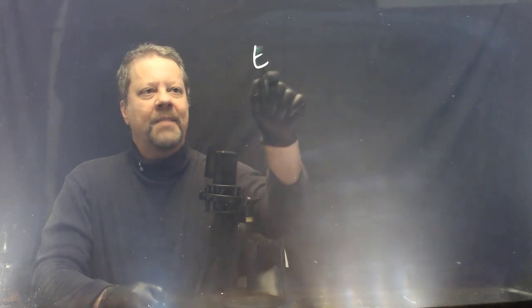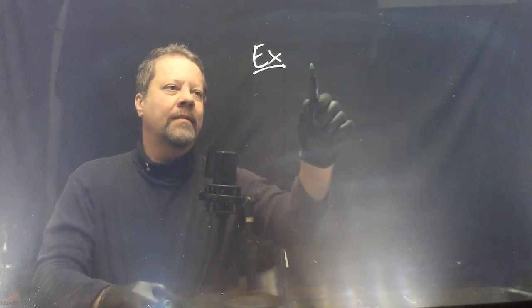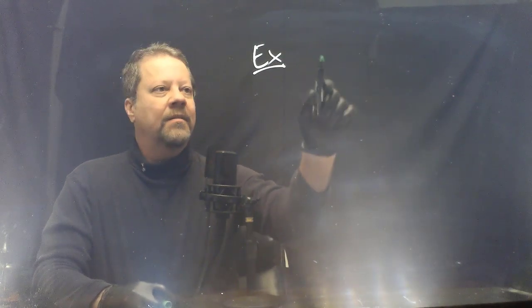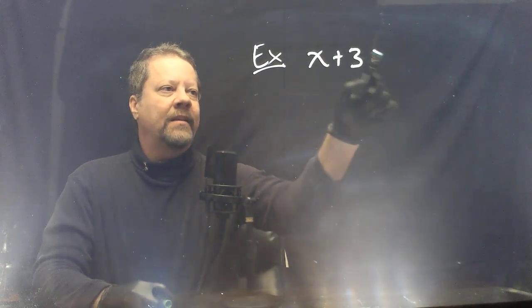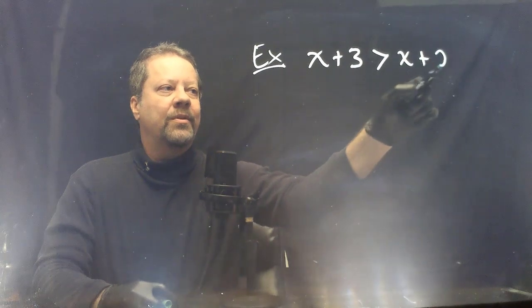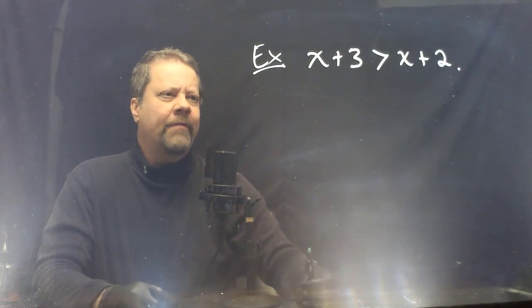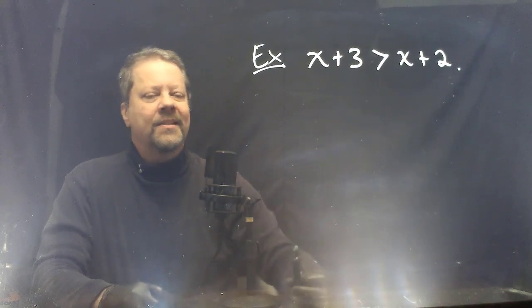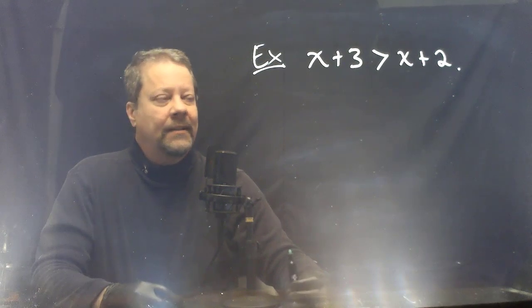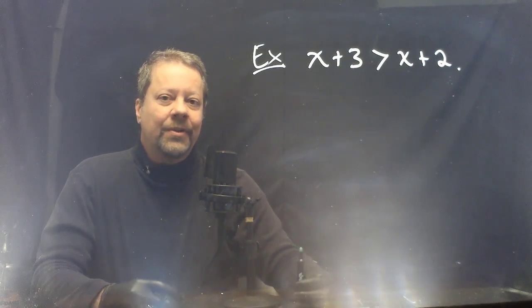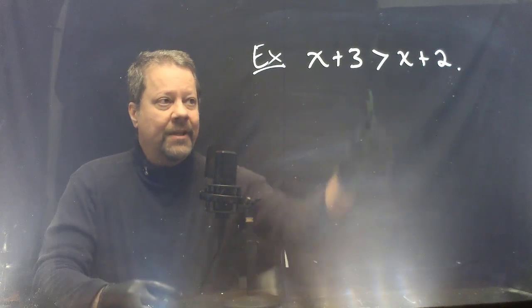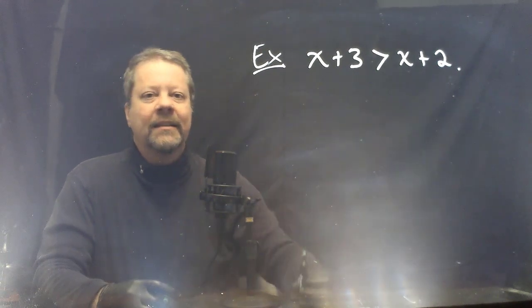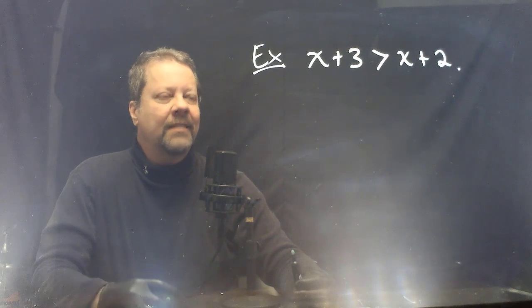Let me give an example. Let's suppose that we're looking at x plus 3 is greater than x plus 2. For what values of x does this inequality hold? Well, it certainly holds for all real numbers. Complex numbers are a different story because we don't have this symbol for complex numbers necessarily.